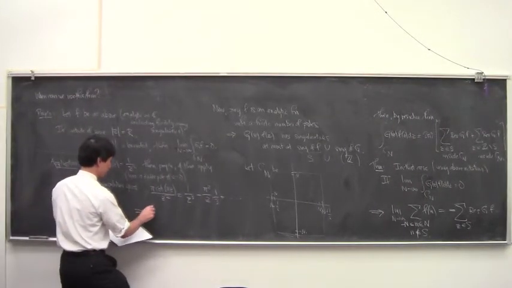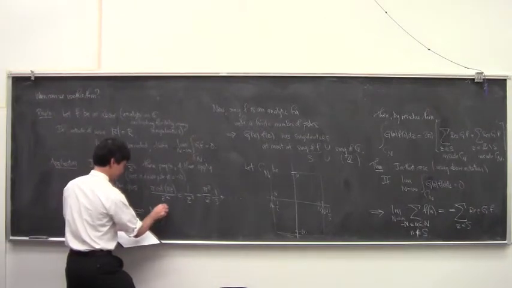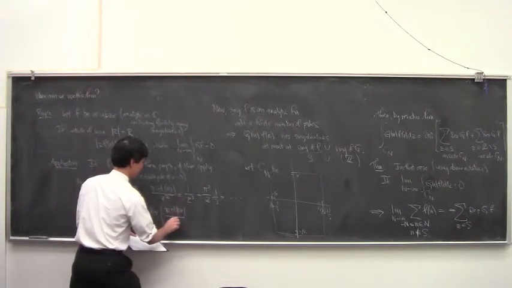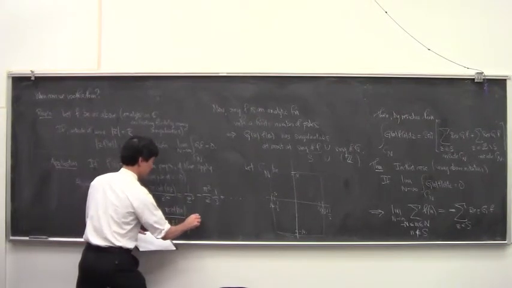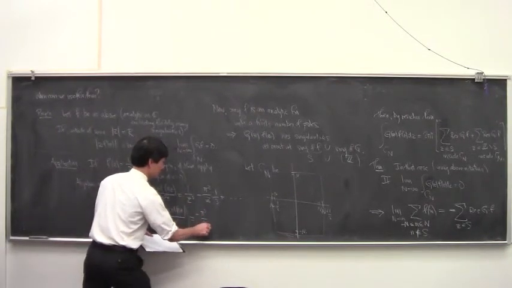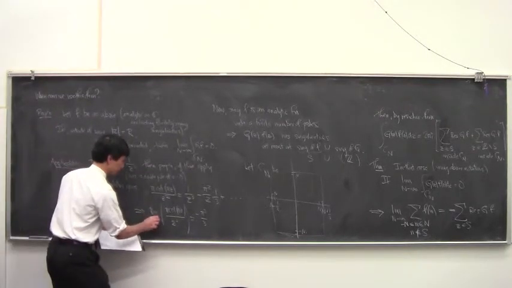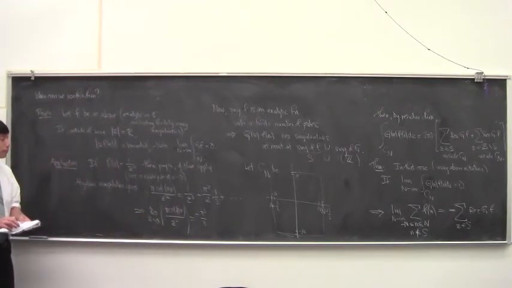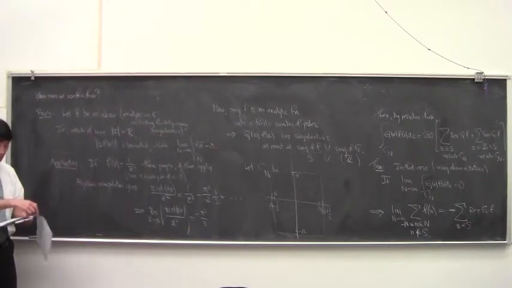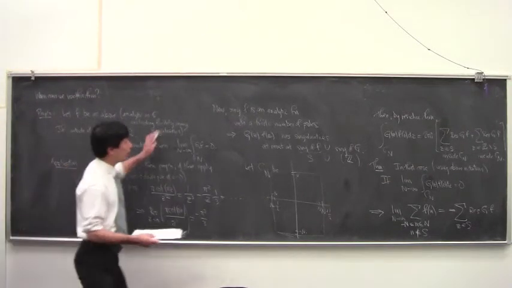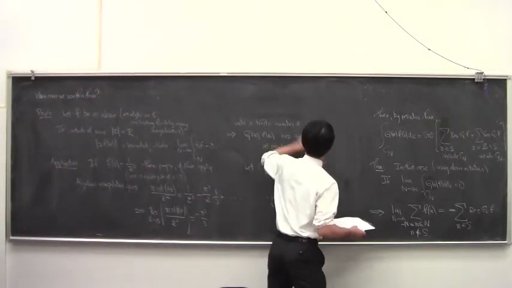And so the residue of g times f at z equals 0 is negative pi squared. And then you just apply the theorem.